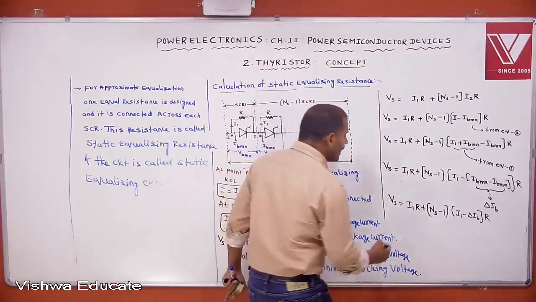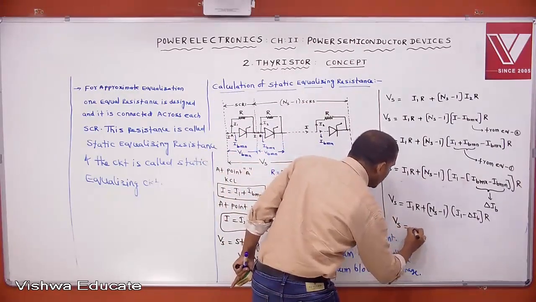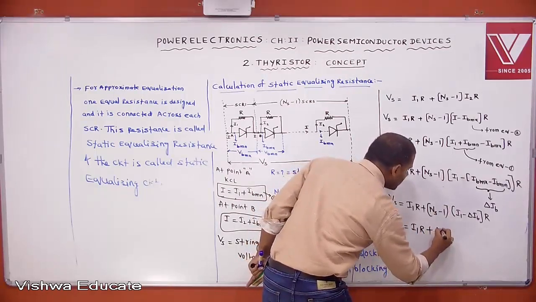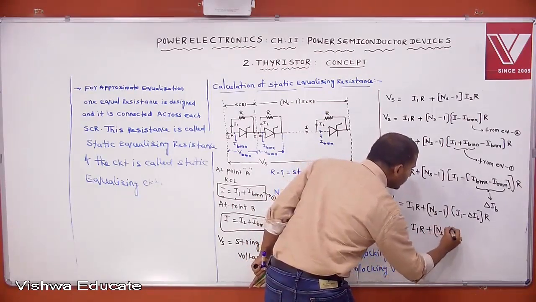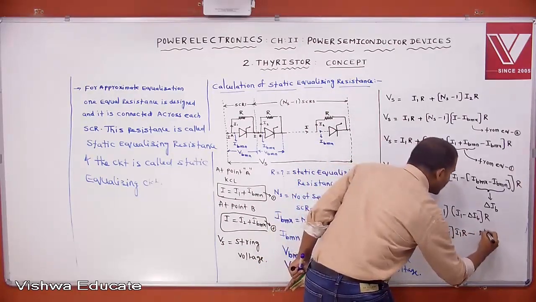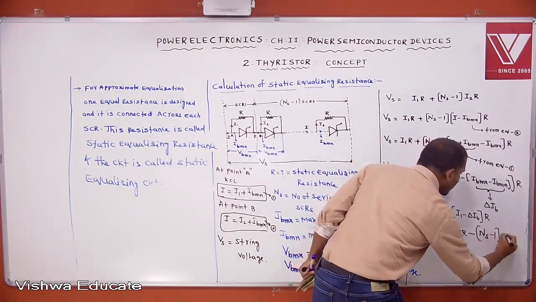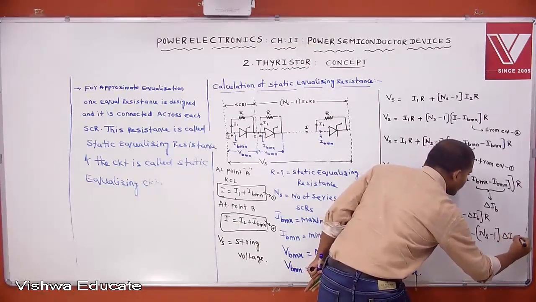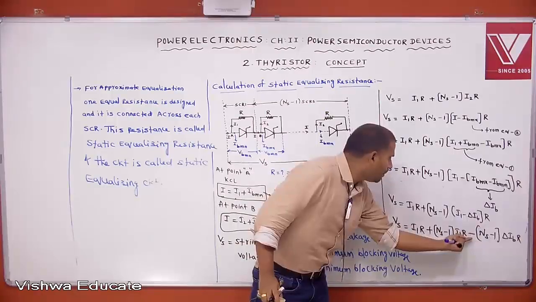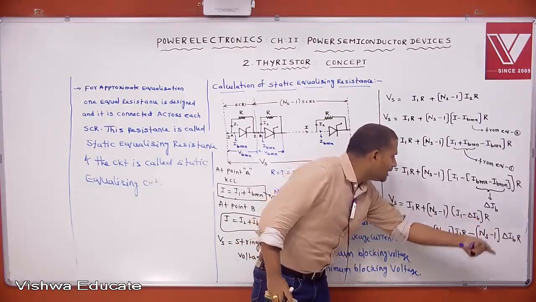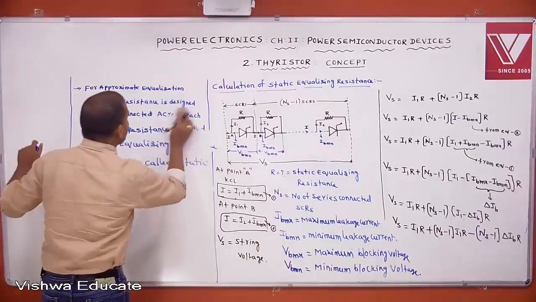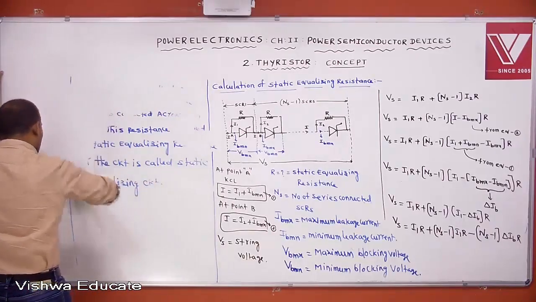Okay. Then you write like this: Vs equals I1 into R plus, multiplying out, Ns minus 1 into I1 into R minus Ns minus 1 into delta IB into R. Then once again you simplify to get one standard formula.